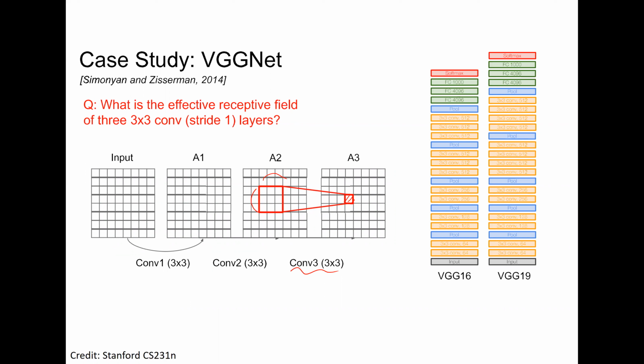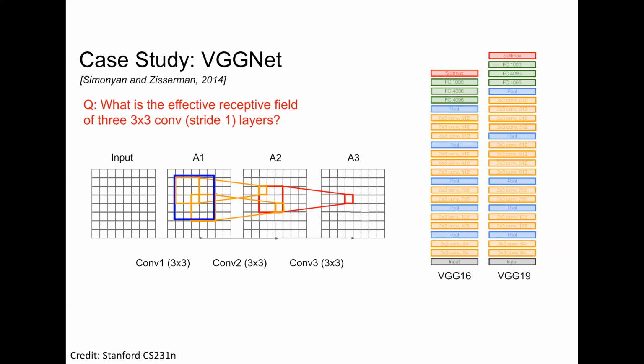When we stack 2 convolution layers, then this convolution covers this area, and this pixel covers this area. Therefore, in total, this single pixel depends on this area.